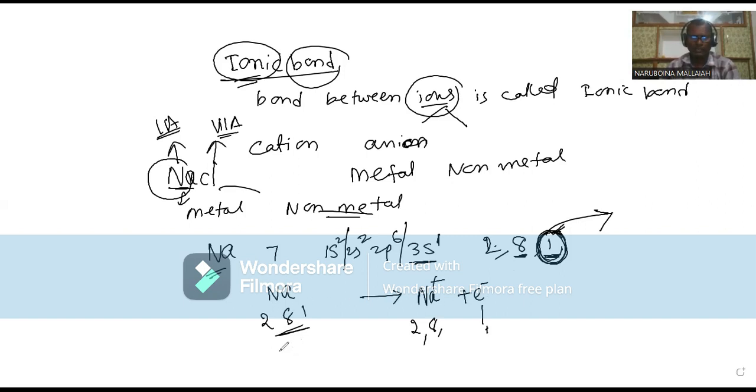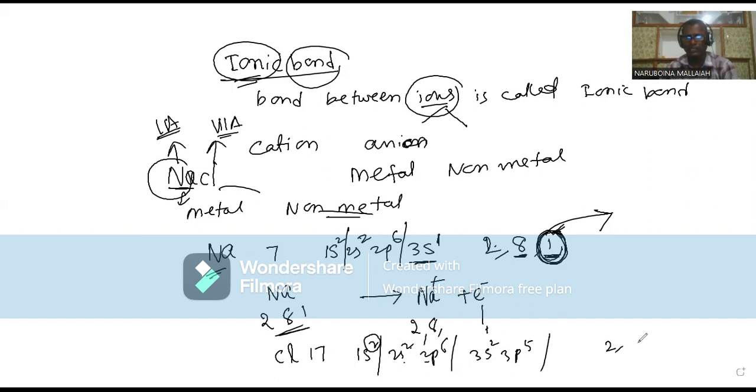Now, chlorine. Let us write chlorine. Chlorine is a non-metal. Its atomic number is 17. It has the configuration 1s2, 2s2, 2p6, 3s2, 3p5. 1s2 is the first orbit, 2s2p the second orbit, 3s3p the third orbit. We can write 2, then 2 plus 6, 8.